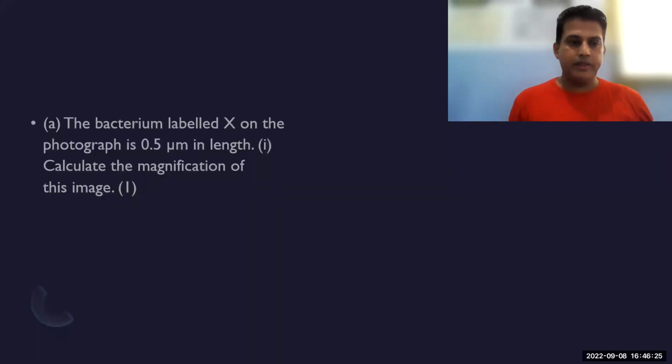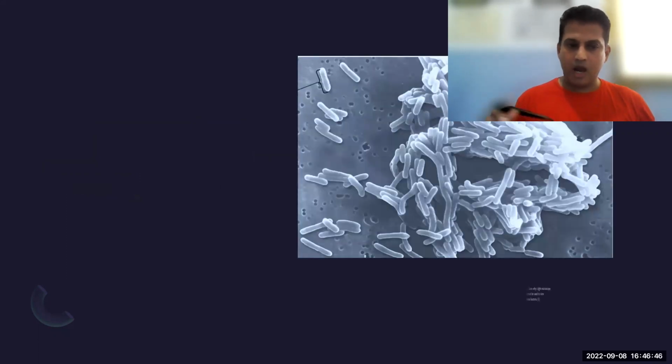Okay, so then the first question: the bacterium labeled X on the photograph is 0.5 micrometer in length. Question number one: calculate the magnification of this image. Let's check again this picture.